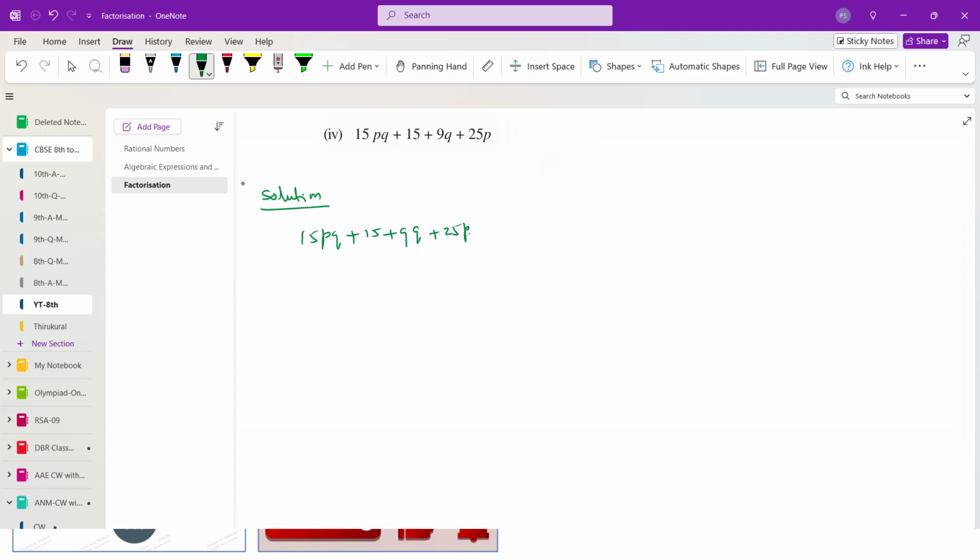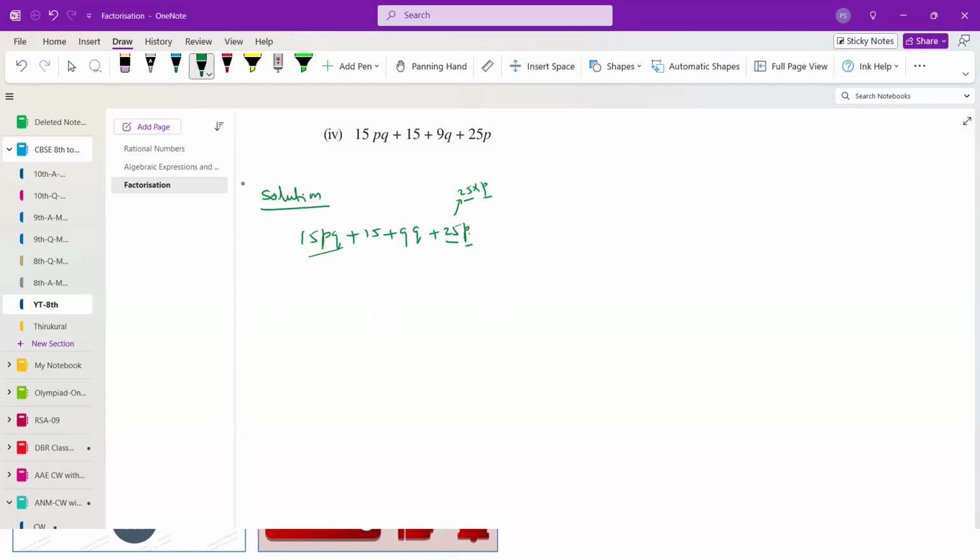You just see the numbers and compare them. 25p is a multiple of 5, so we need to take a term which is a multiple of 5 and a multiple of p, 25 into p. So that is a multiple of 5 and p.